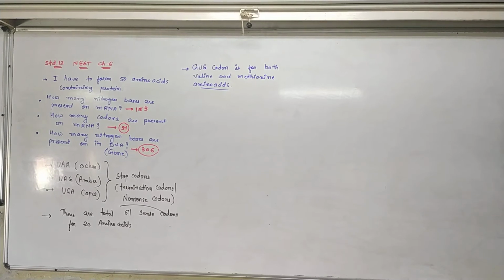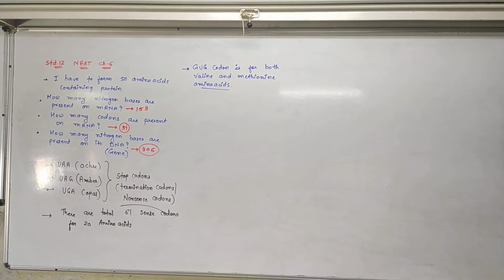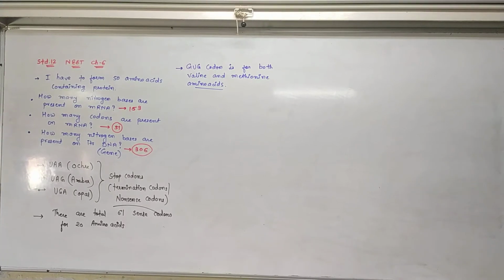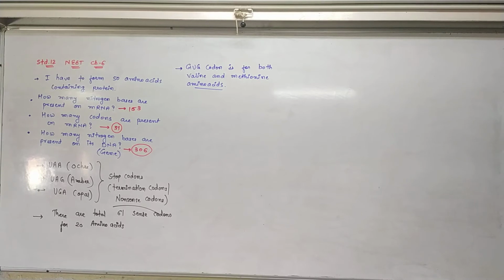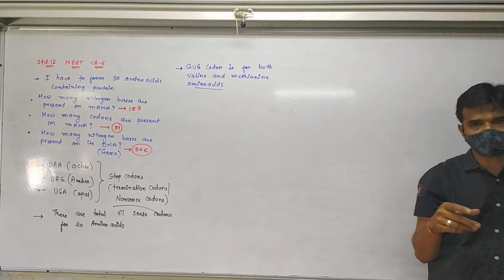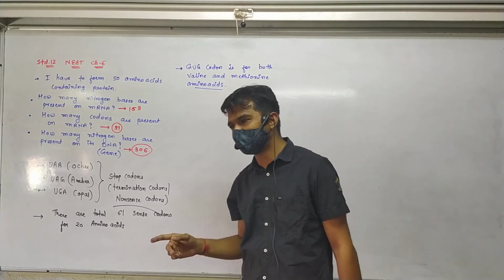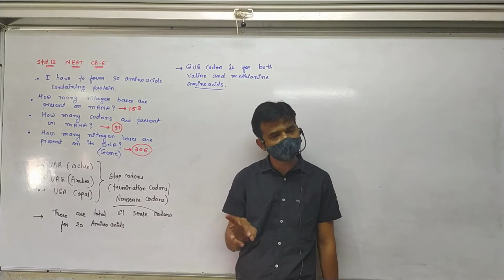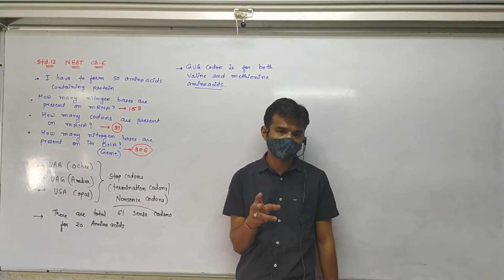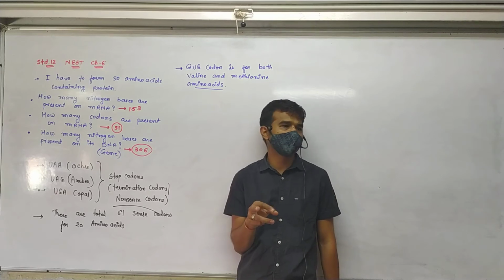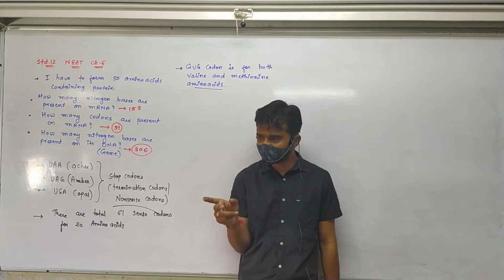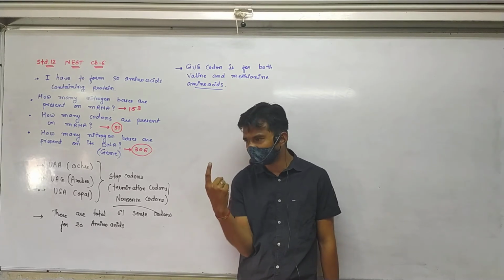Generally one codon represents only one amino acid. Some amino acids are represented by more than one codon, except methionine and tryptophan, because methionine and tryptophan have only one codon.